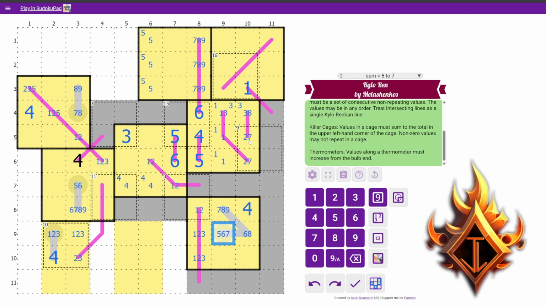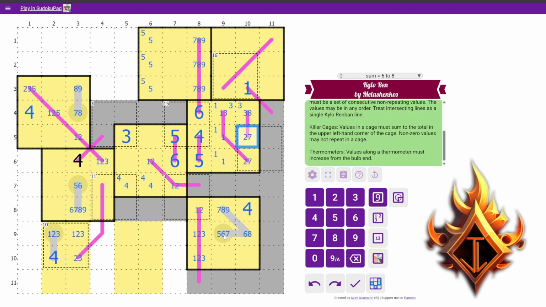Seven, 8, 9. 7. 8. If this is 7, that would be 8.